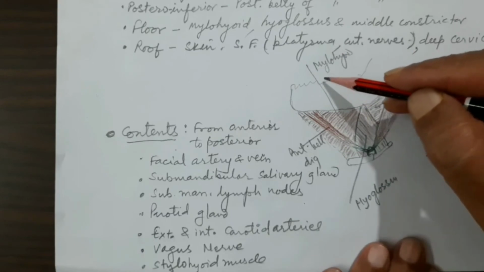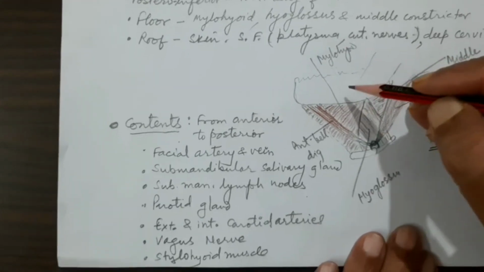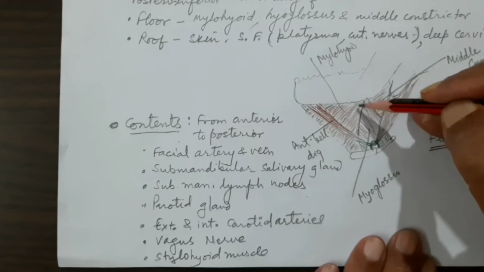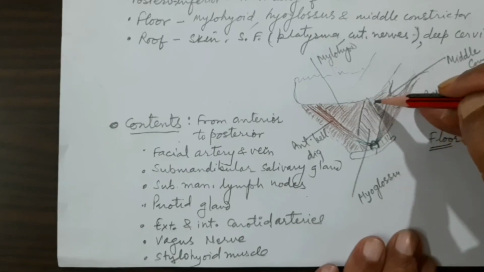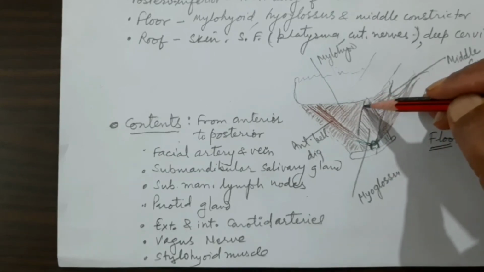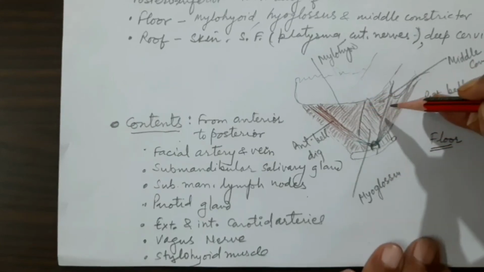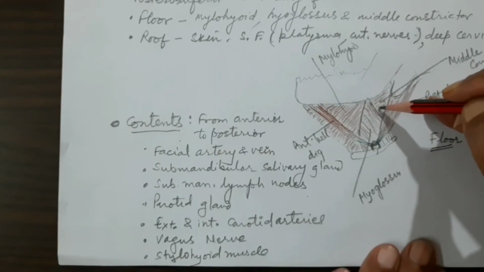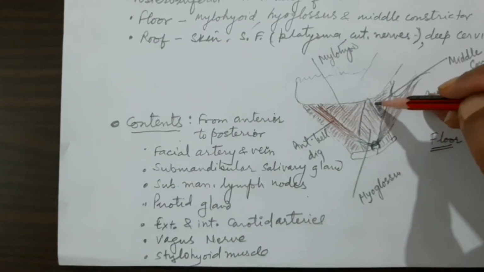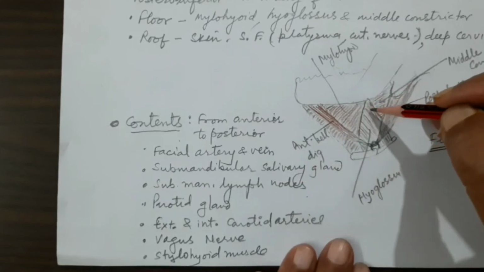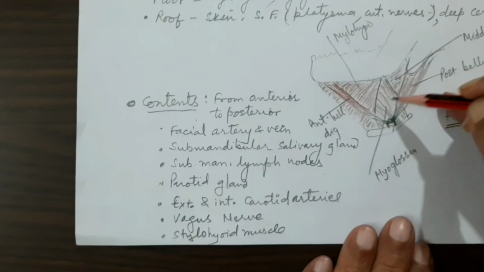So the facial artery, and posterior to it the facial vein coming down. The artery and vein then go into the digastric triangle, where they groove the gland, that is the submandibular gland. The salivary gland is located here. The submandibular salivary gland is there, and then the submandibular group of lymph nodes are also there, on the surface of the gland itself.